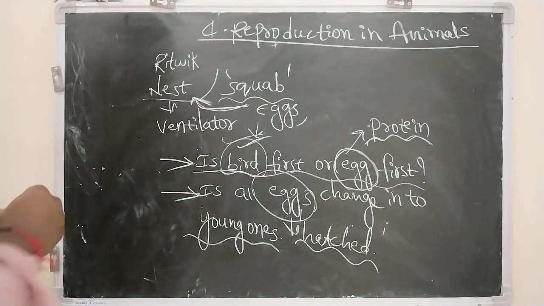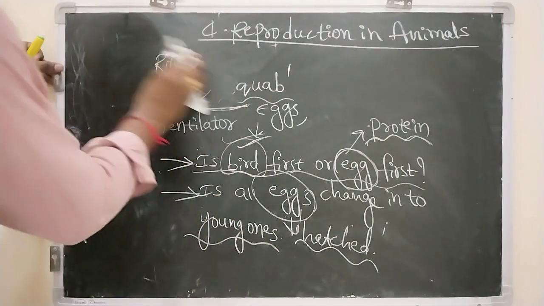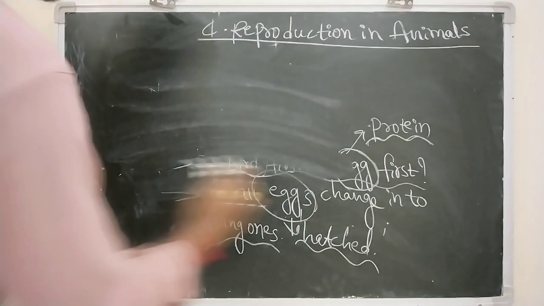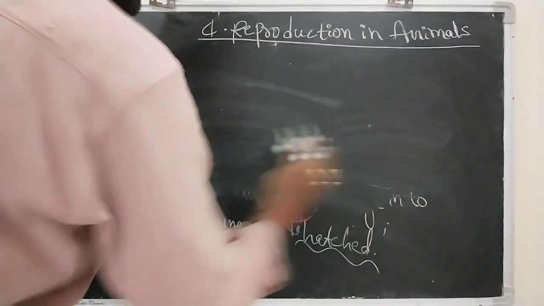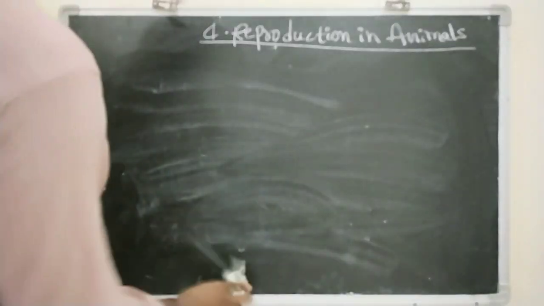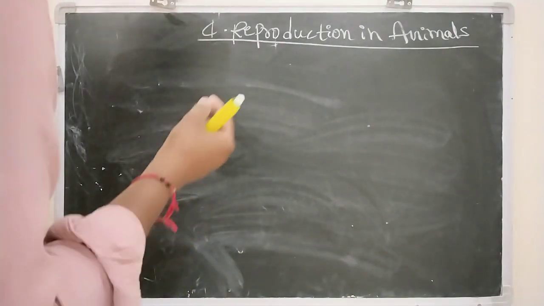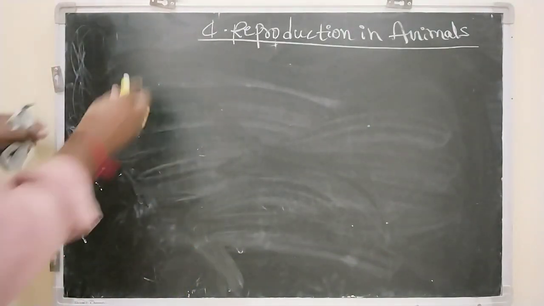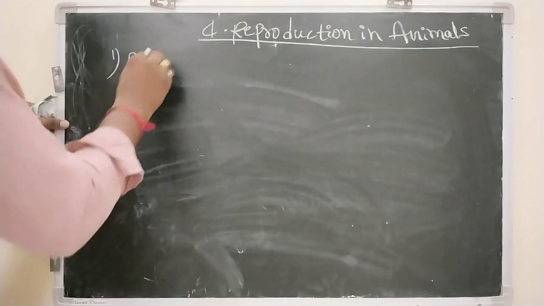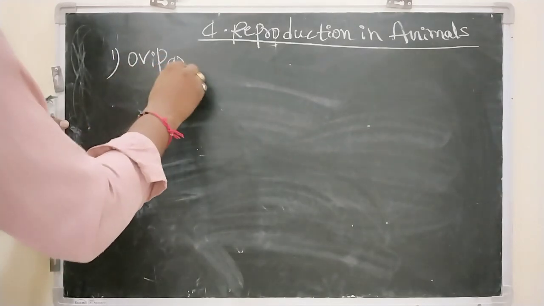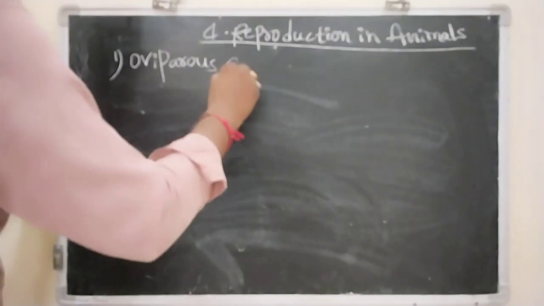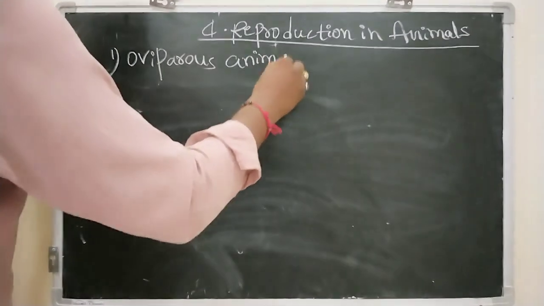Next, depending upon the way animals produce young ones, they are classified into two types. One is oviparous animals.